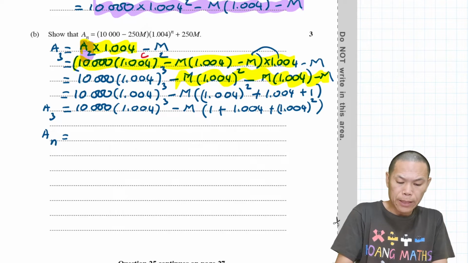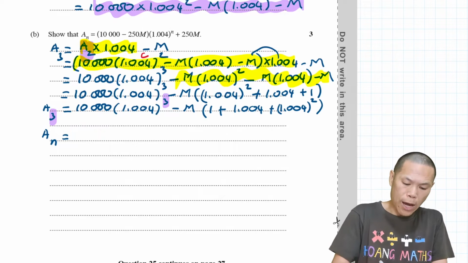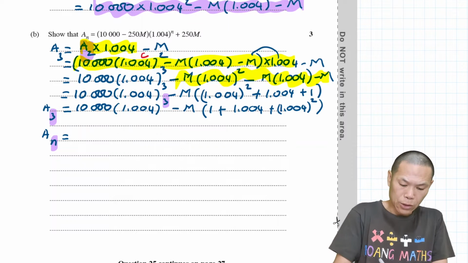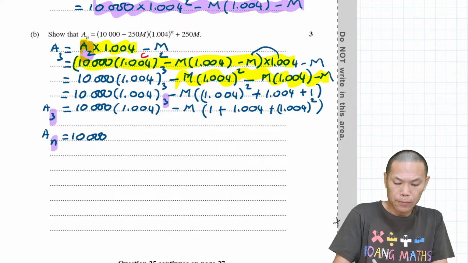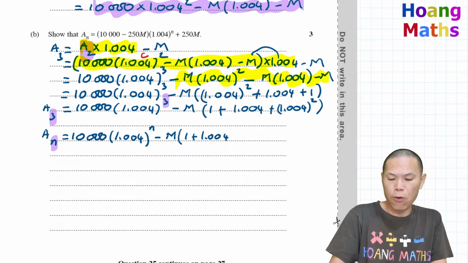So An, now if you think about it, this is power 3, so this is power 3. So therefore An will become, instead of power 3, power n. So that becomes 10,000 times 1.004 power of n minus M, 1 plus 1.004 add 1.004 squared, add.